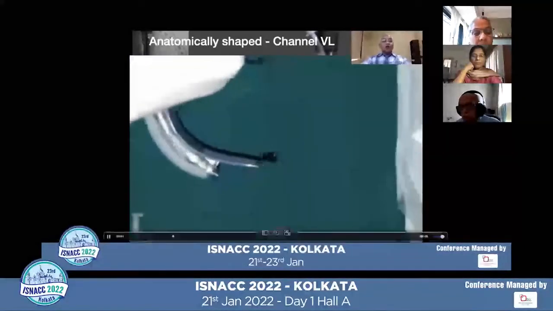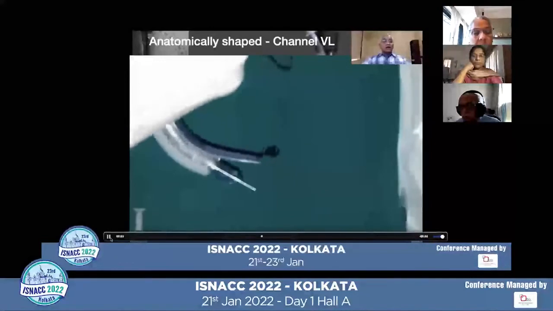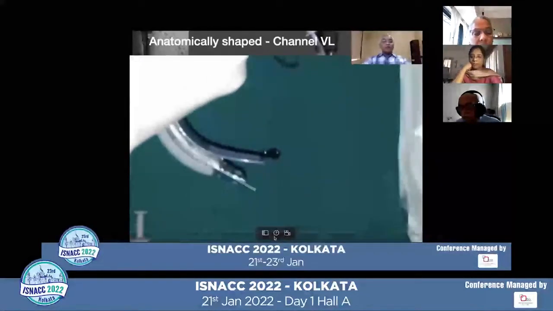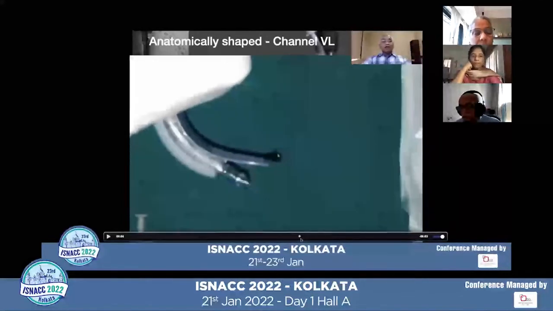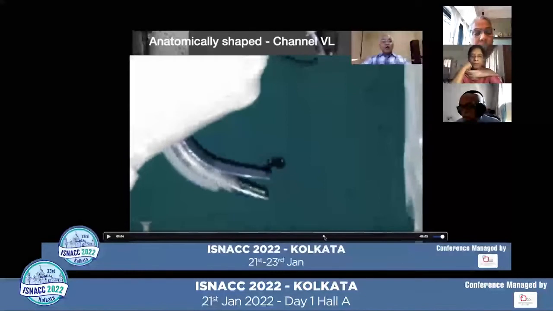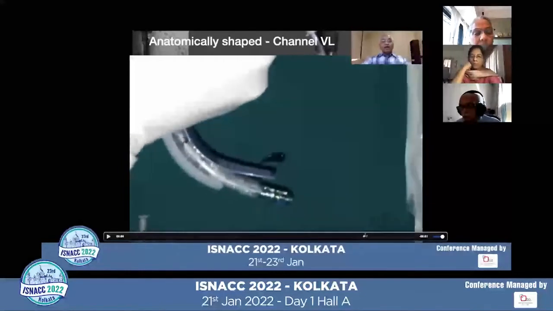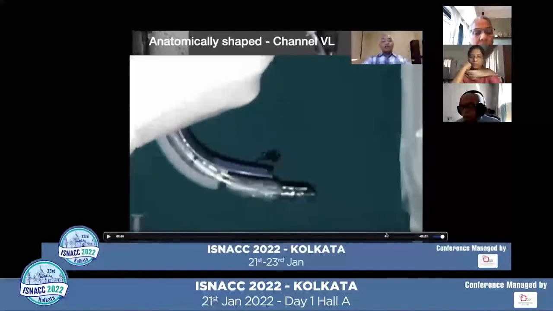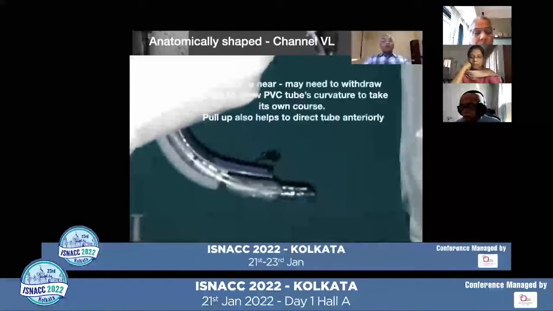Here, if you look carefully, as the tube comes out from the channel, it goes slightly down, and then the natural curvature of the endotracheal tube takes it up towards the laryngeal opening. So you need to withdraw the device to allow the PVC tube curvature to take its own course, or you may need to pull up to help direct the tube anteriorly.